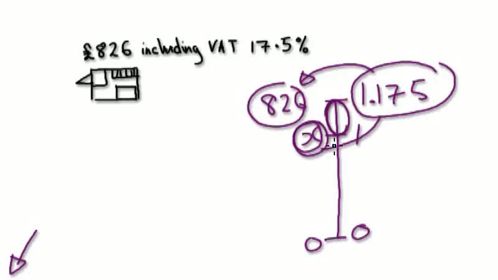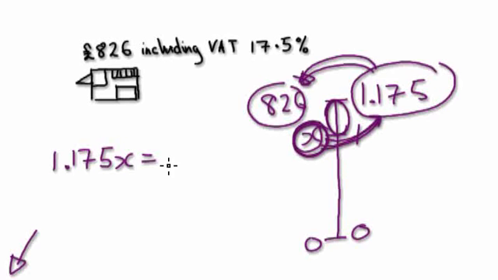Write that down. It's an important step. We normally put the number in front first. So it's 1.175 times x, and that gives you 826. Put that into an equation.